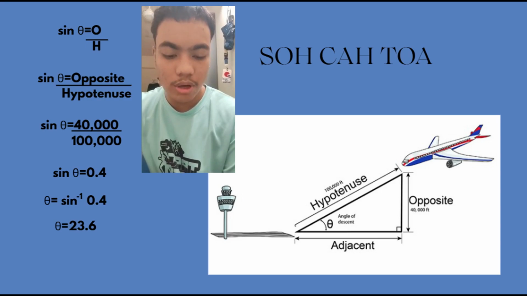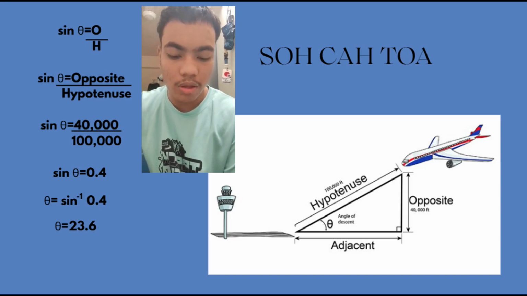This method shows how trigonometry can be applied to real-life contexts like aviation, where identifying the correct side of the triangle and choosing the right trigonometry ratio are key steps in solving for an unknown angle.